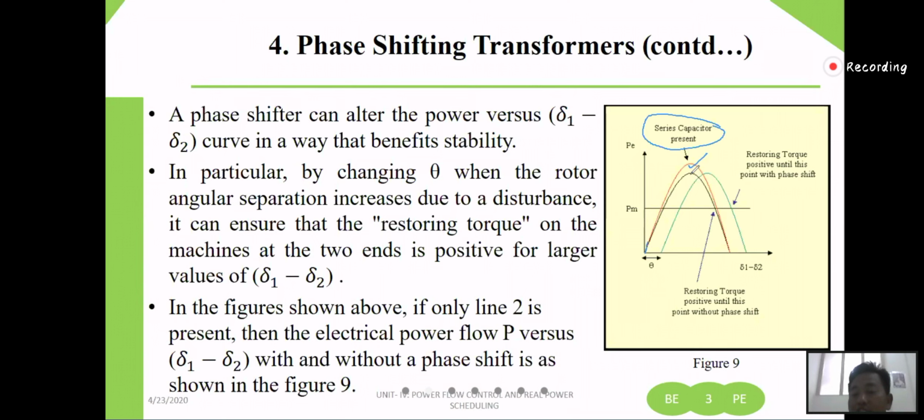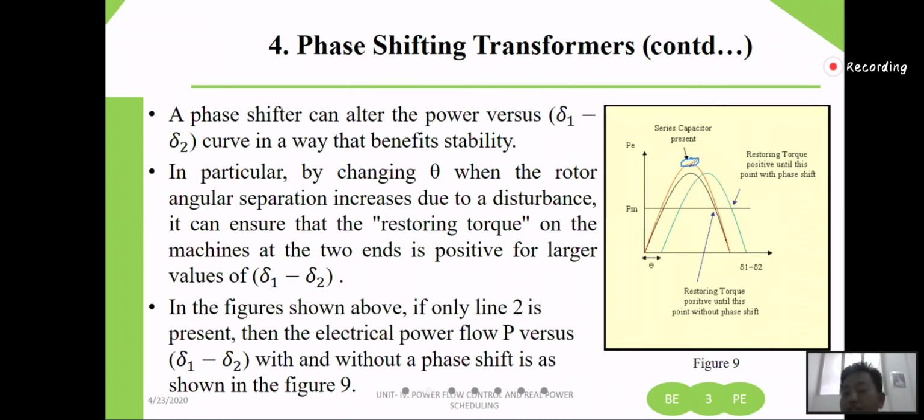See here, there is an increase in power flow, which means the maximum power flowing in the circuit will increase by using a series capacitor. So when you use this type of compensator, you know the characteristic: maximum power transfer can be increased by using a series capacitor.